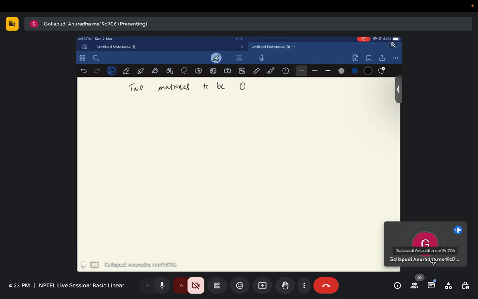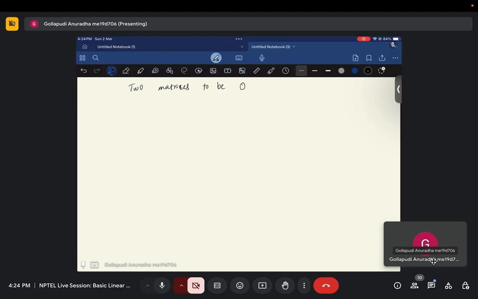Then there we have to check. Here I have seen that similar matrices should have the same eigenvalues. Yeah, that's true. But what is the method for the generic case? The definition you were asking?